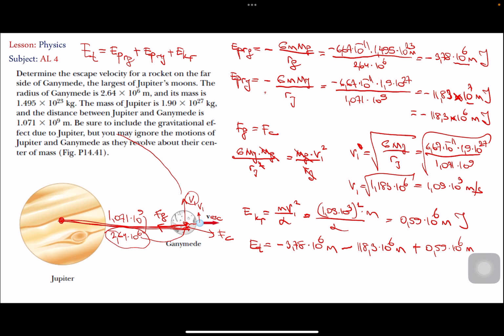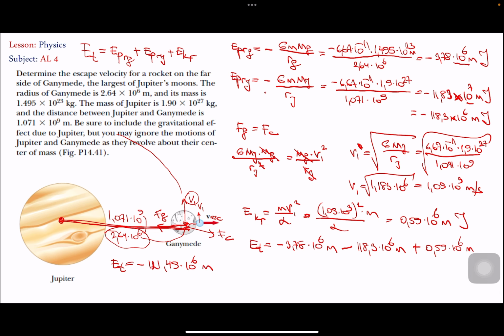So the total energy appears to be minus 121.49 times 10 to the power 6 m, and this energy should be equalized with the escape kinetic energy.